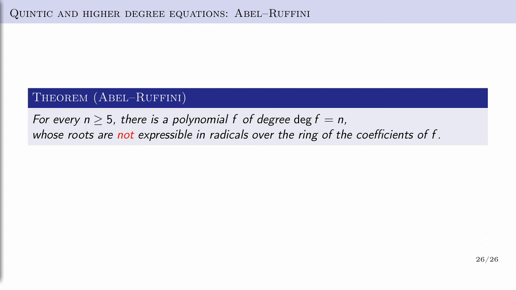You cannot write them as a finite expression that involves only the four arithmetic operations and roots of any degree. In particular, this means that you will not find a closed formula for roots of polynomials of degree 5 or above. That's all for today.